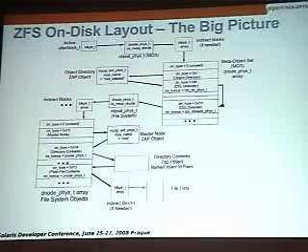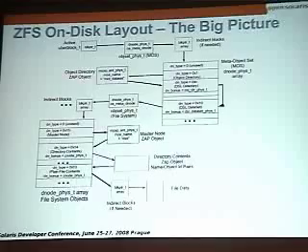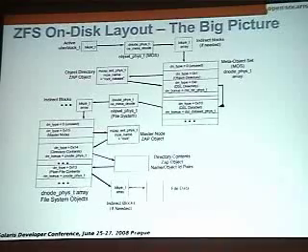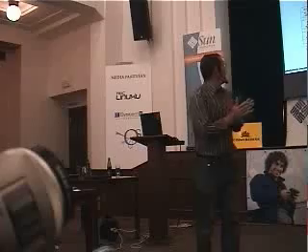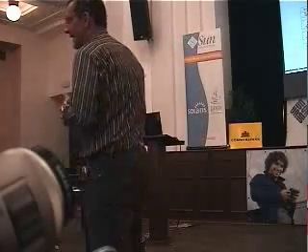We don't want to go to the disk to access a particular file and have to go through all this stuff every time. So we start with the uberblock, and in the uberblock there is a block pointer which contains the location of something called an objset_phys_t, and this is for something called the Meta Object Set.